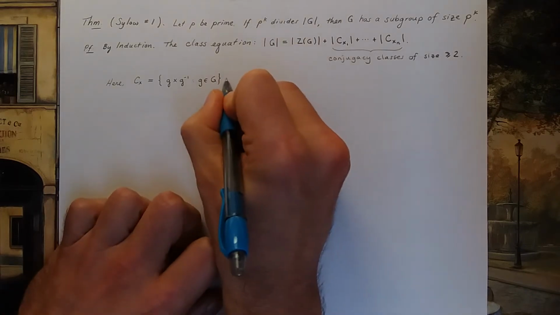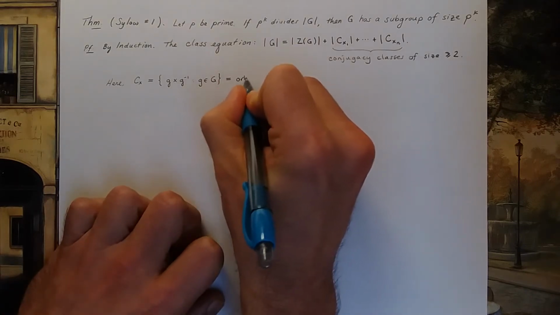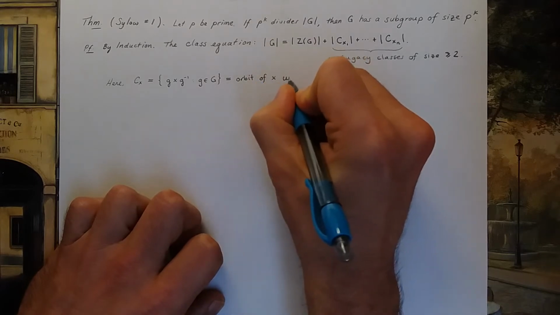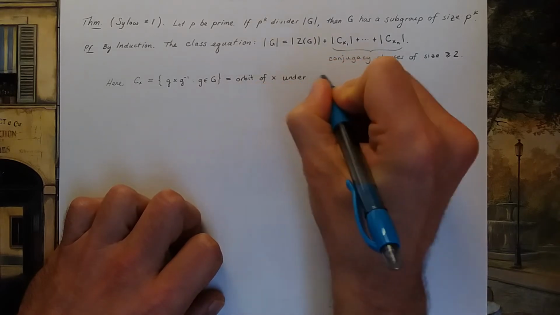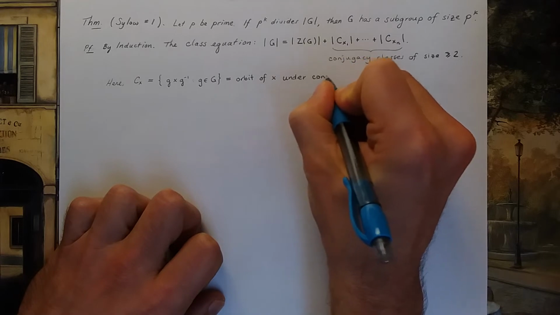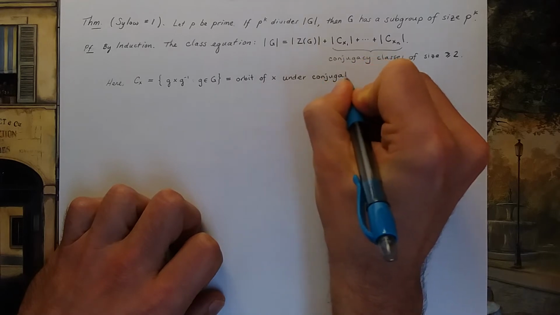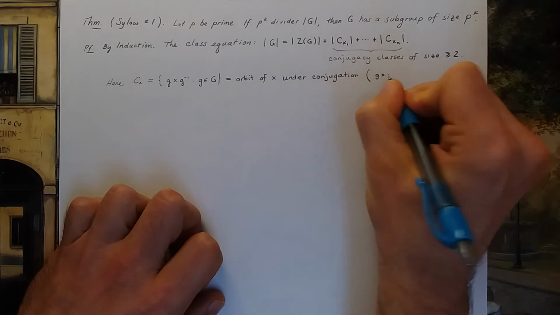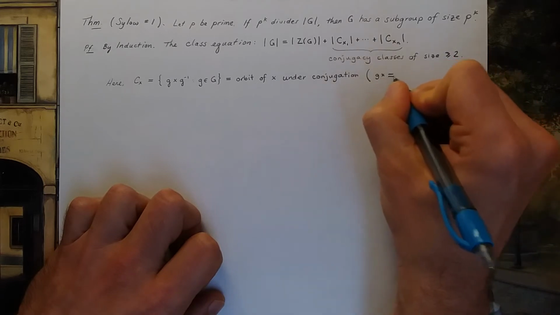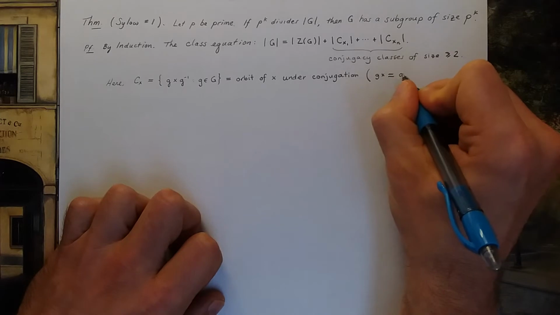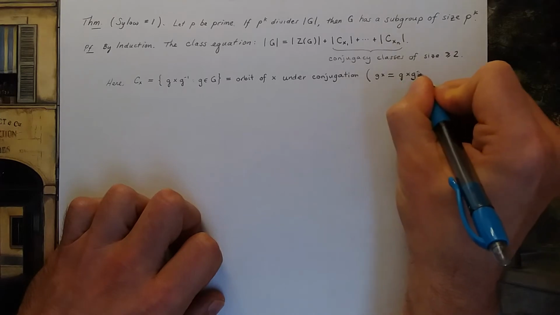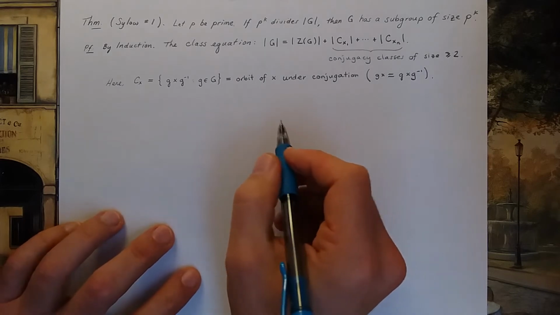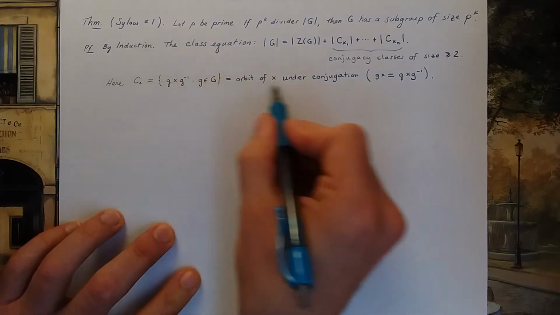This is actually the orbit of x under the group action of conjugation, meaning that your group action g·x is g x g inverse. So the conjugacy class is this.